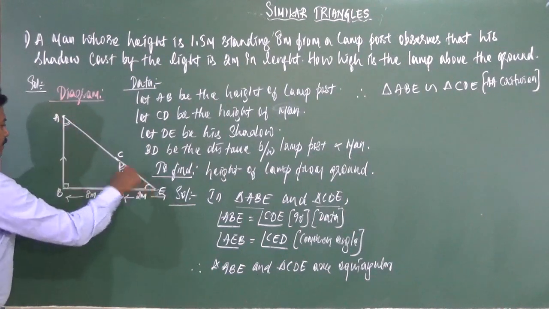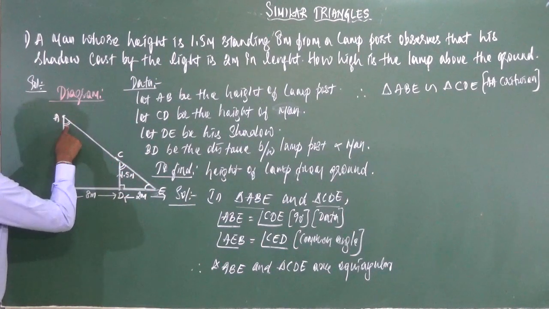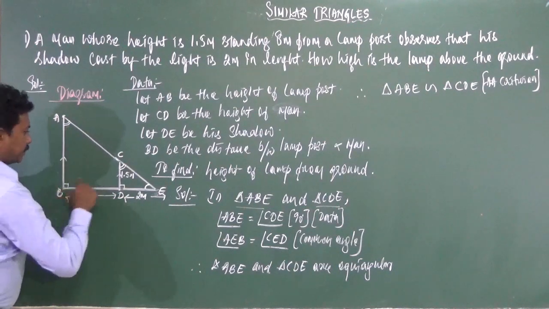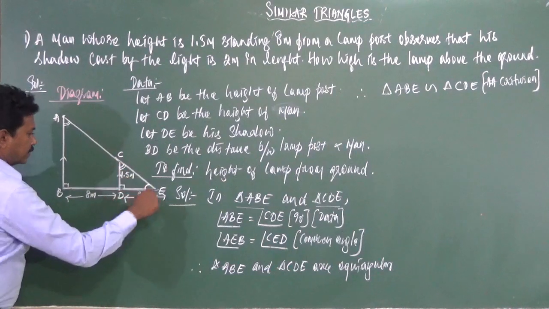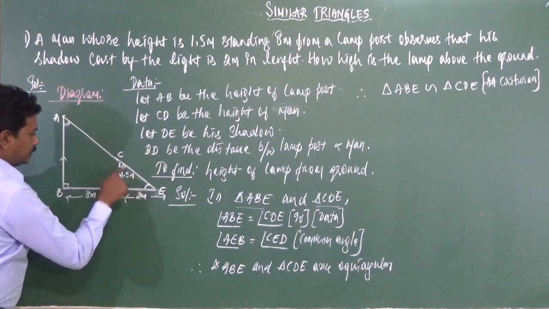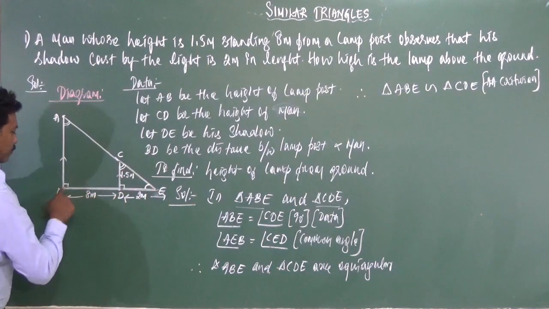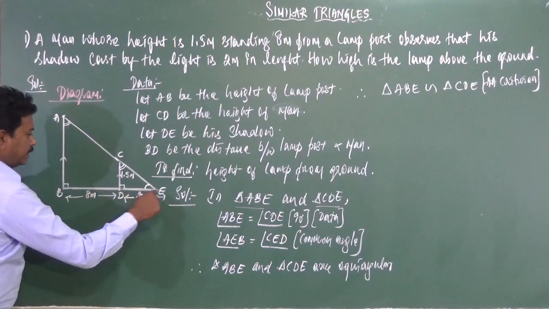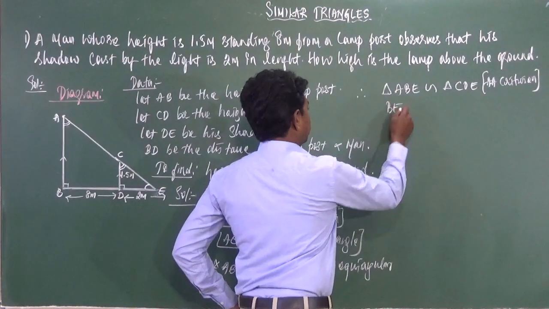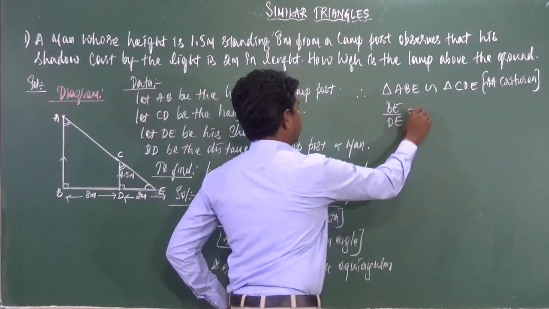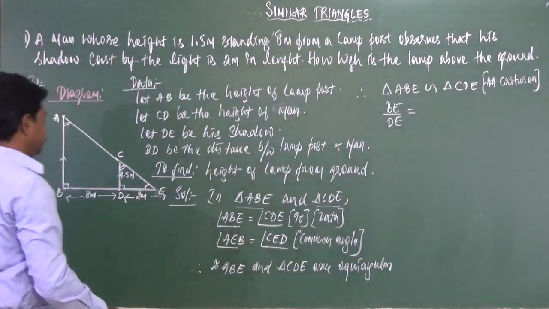Now we take the side opposite to the third angle. In triangle ABE, the side opposite to this angle is BE, and for the same corresponding angle in triangle CDE, the side opposite is DE. So BE by DE is equal to, we will take another ratio.